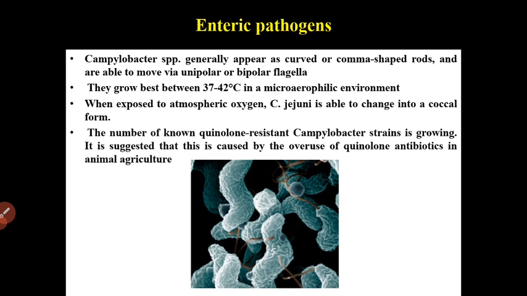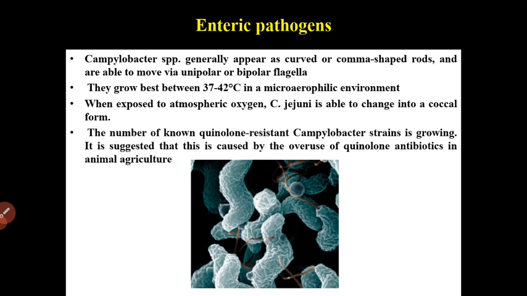They are also thermophilic. You have seen the temperature 37 to 42. They are thermophilic, okay? And capnophilic also. I'm sorry, I had not mentioned it over here. Capnophilic means they require 10% CO2 for their growth. Okay?